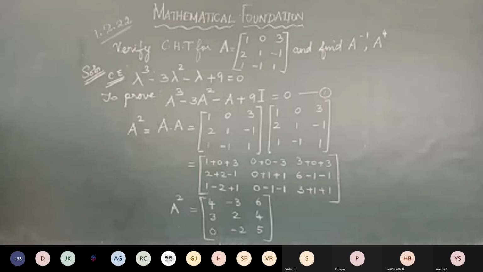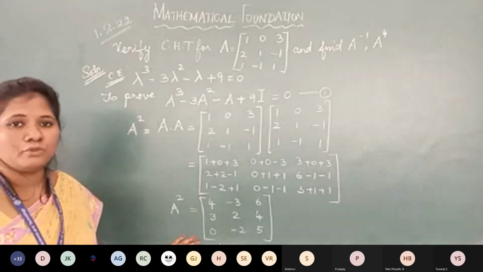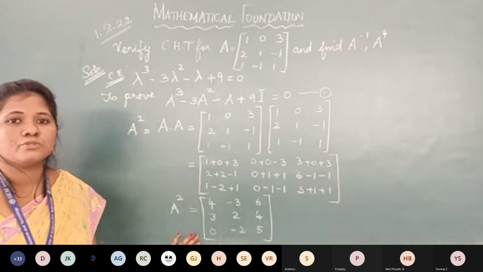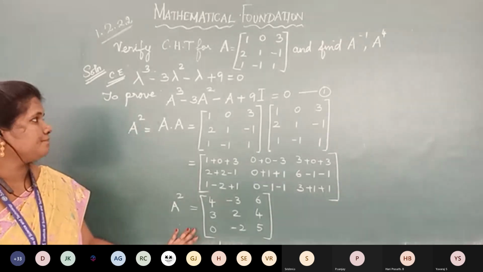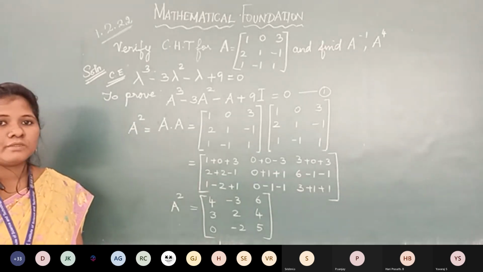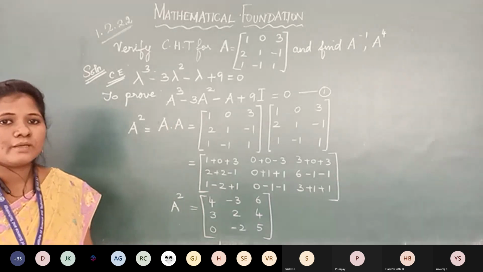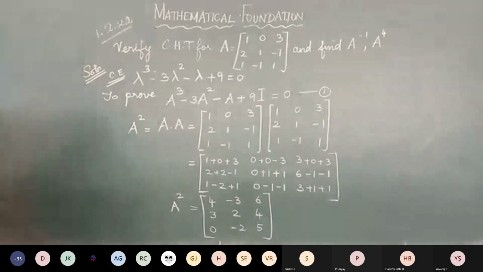So next you find out your A cube. Now we have found out your A square. Next, you have to find out your A cube. How do you find A cube? A square into A. I will write this A square on that side so that I will have this value.